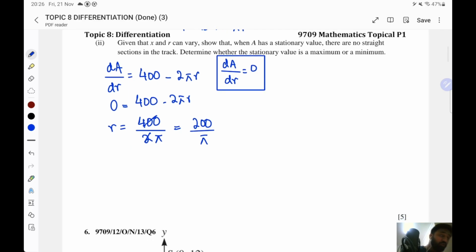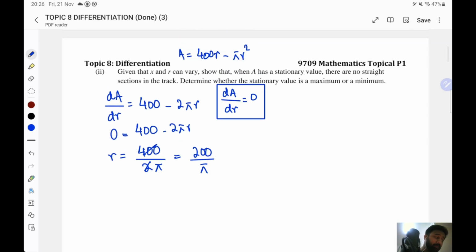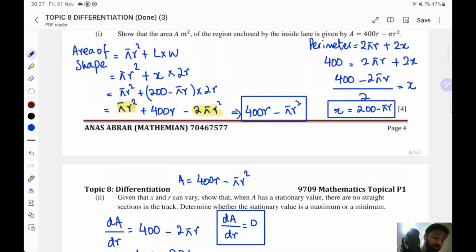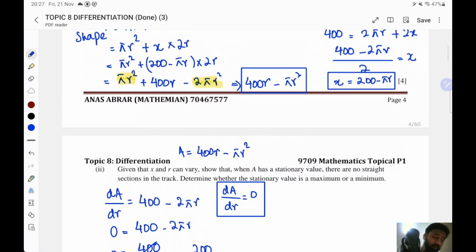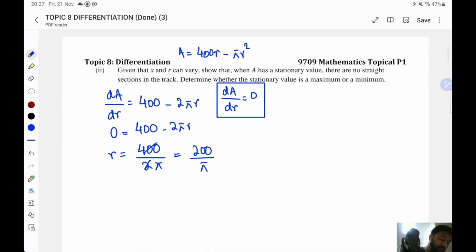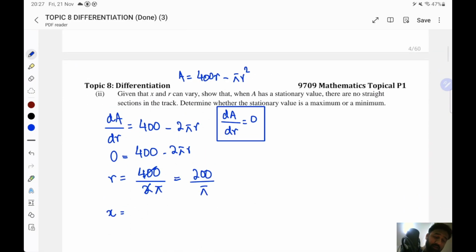So this is the value of r at the stationary point, but we are interested in finding the value of x.